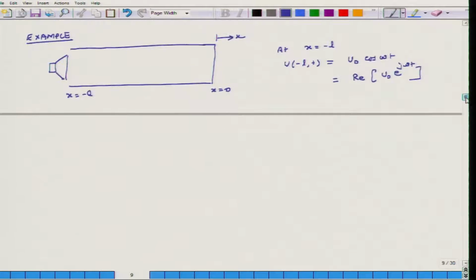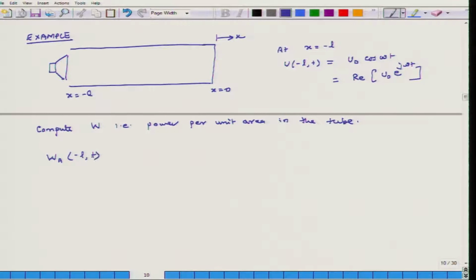Our aim is to compute the watts, or power flowing per unit area, in the tube. Let us first write down the expression.